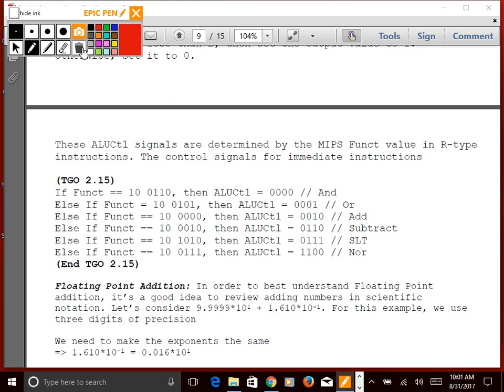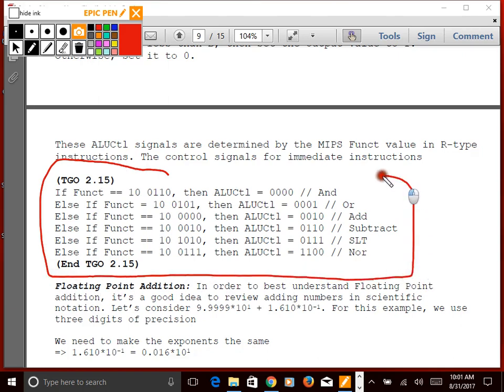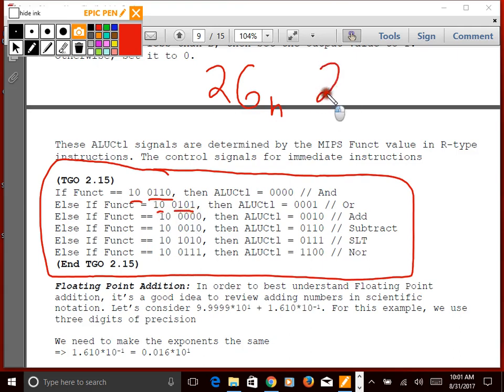In this case, the function helps you differentiate between R-type instructions and the actual operation that we're performing. The function here is 6 bits, so it's 100110. When you look at the MIPS green sheet, it's going to be in hexadecimal, so the first part is a 2, and then this becomes 6. 26 hex is AND. 100101, or 25 hex, is going to be OR.